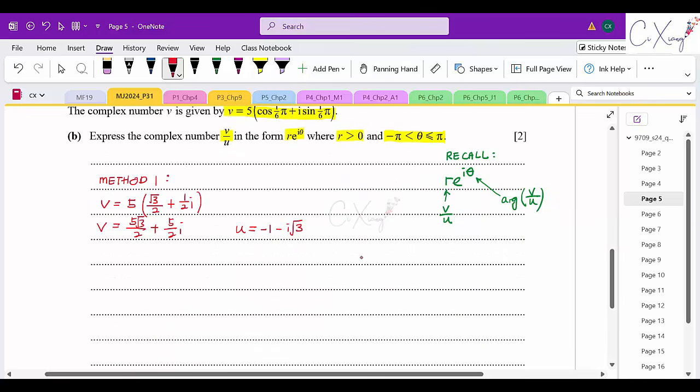So the first method is you find the complex number v over u, where you can see it is a bit complicated, although the steps are quite basic. I have u here, negative 1 minus root 3 i. To get a complex number without the i in the denominator, you have to rationalize it.